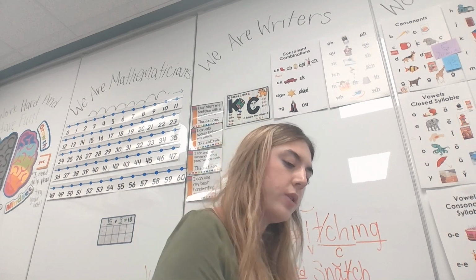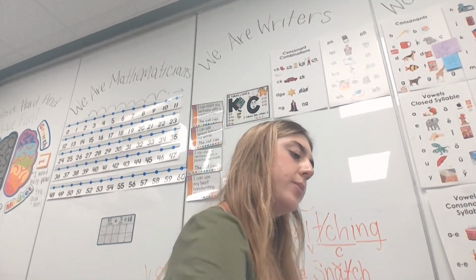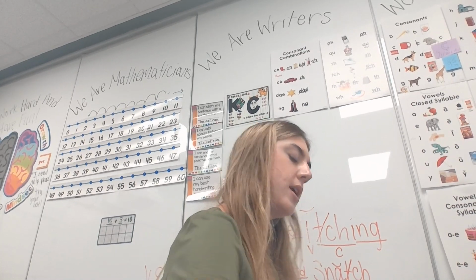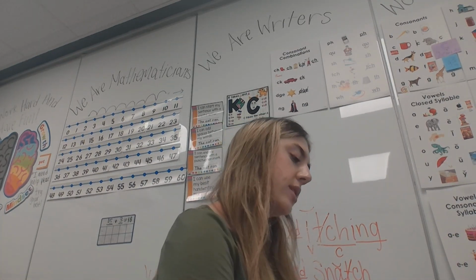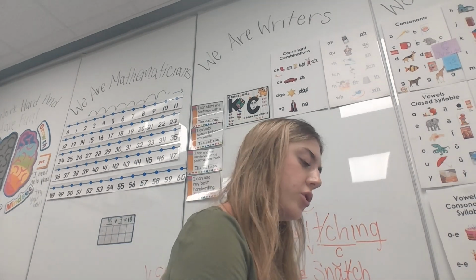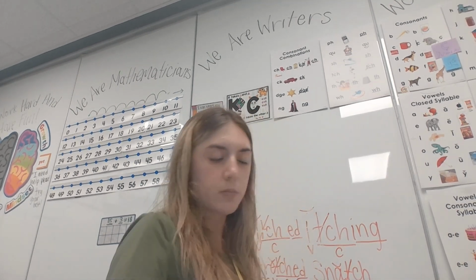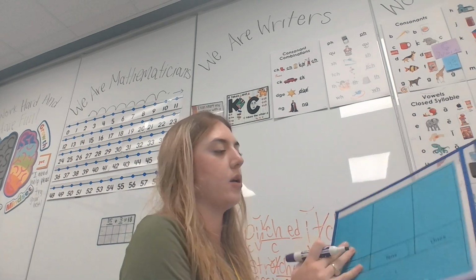Okay, you can do the same thing with your place value chart for subtraction. I'm going to go ahead and skip to hundreds place subtraction, as it helps you also see when we use the tens place value. I'm going to use the same numbers that we've been using. We're going to do 225 minus 112. And again, I'm just going to build this, and I'll show you how we're going to take it away.